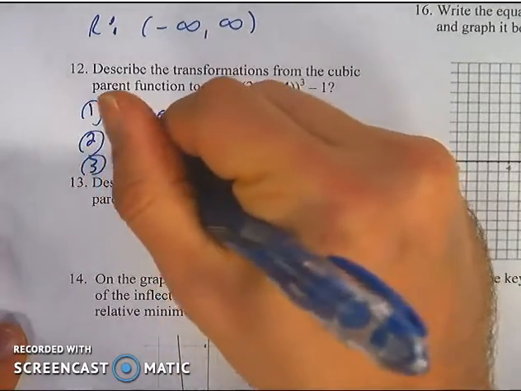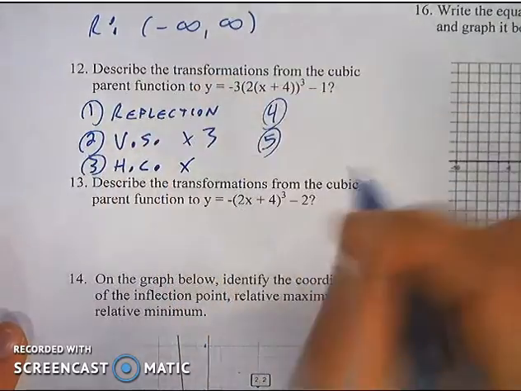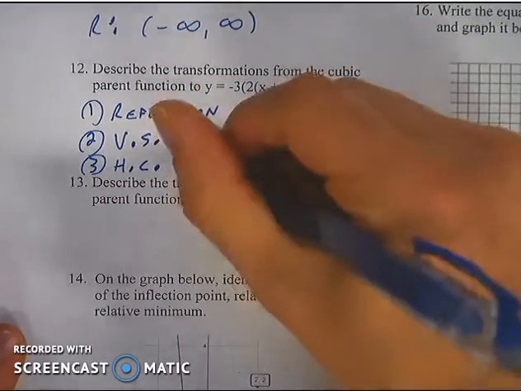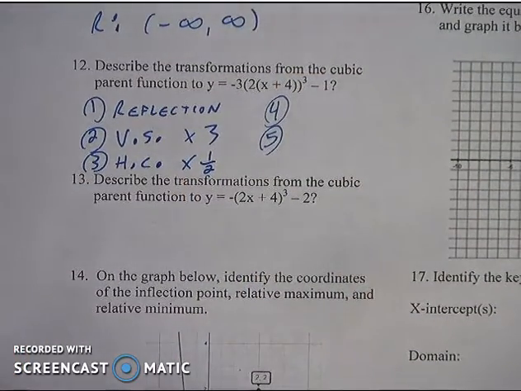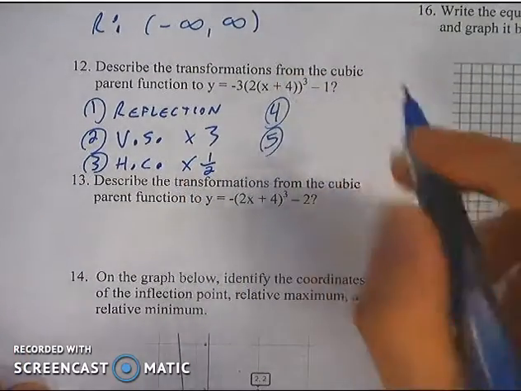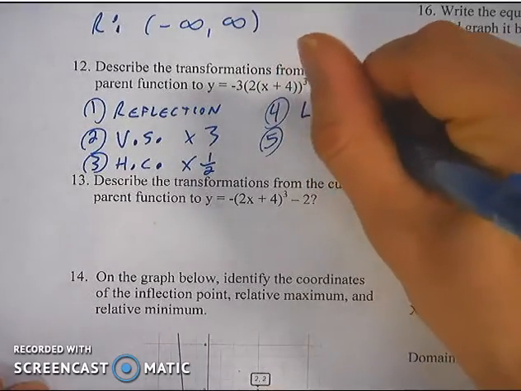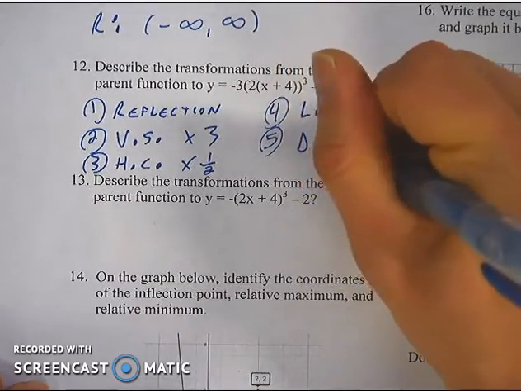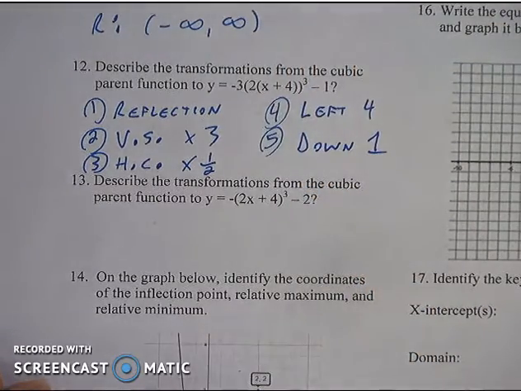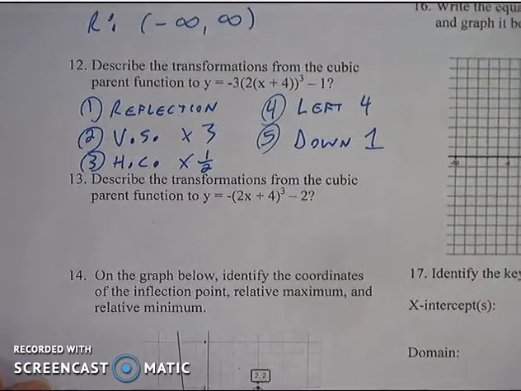So it's a horizontal compression by a factor of 1 over b, or 1 over 2, because our b value is 2. This plus 4 makes it go left 4, and that minus 1 makes it go down 1. So that's all there is to it there.